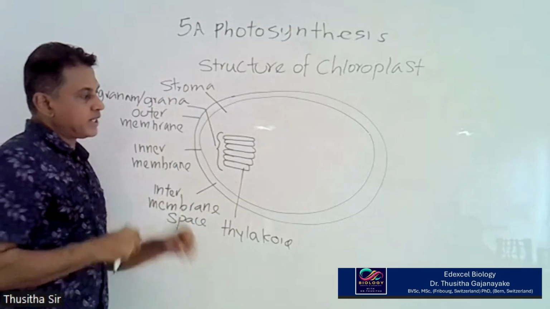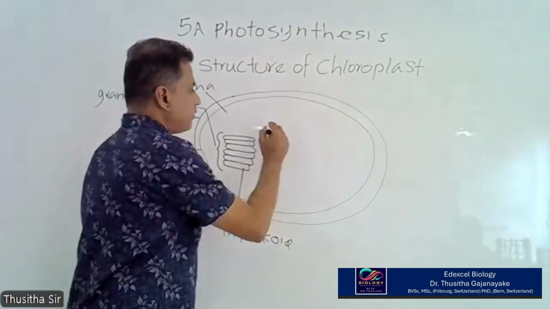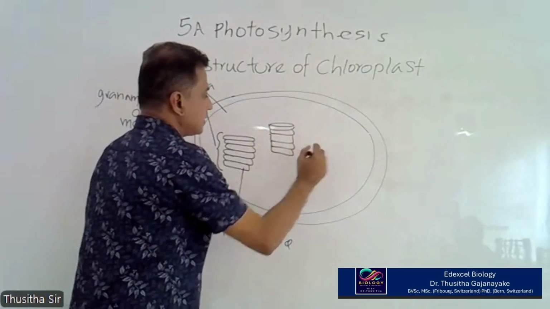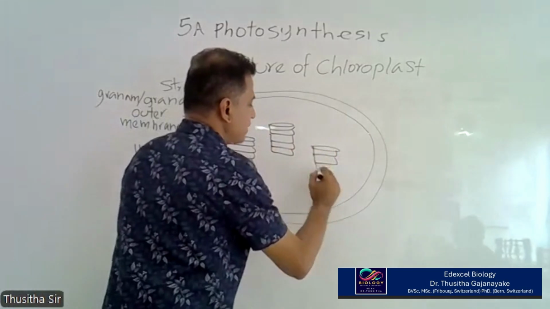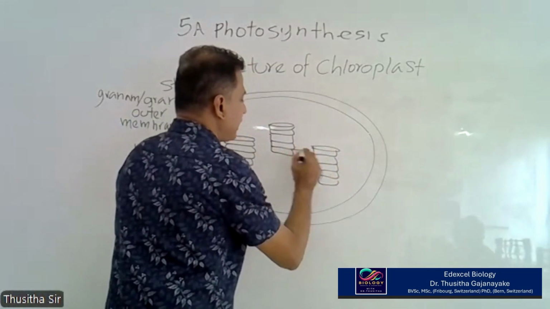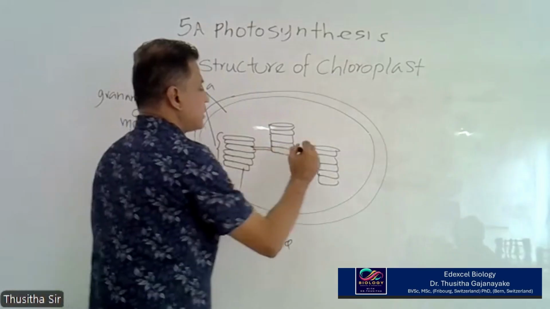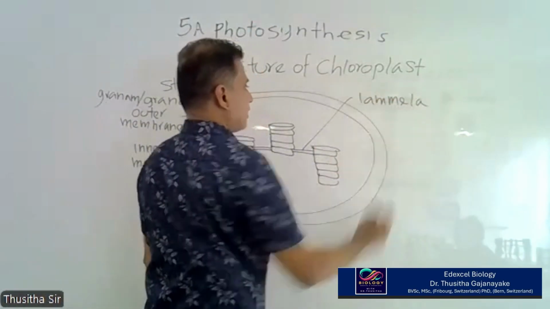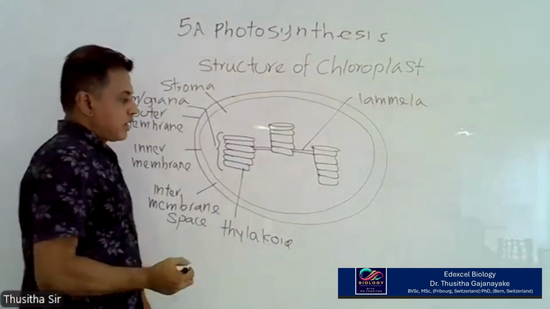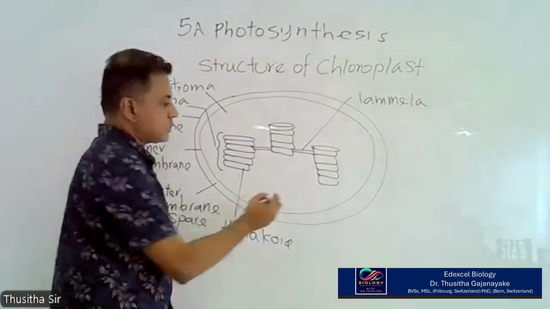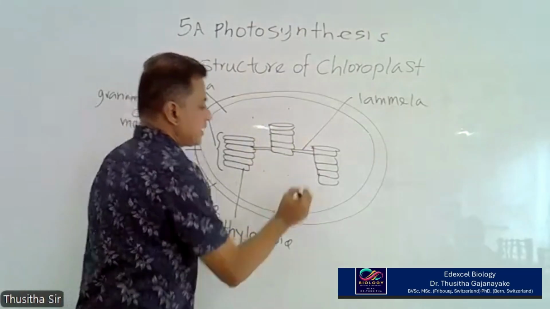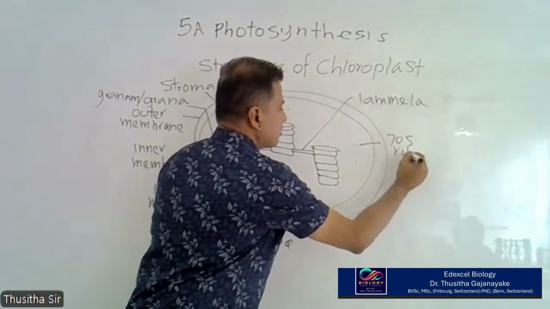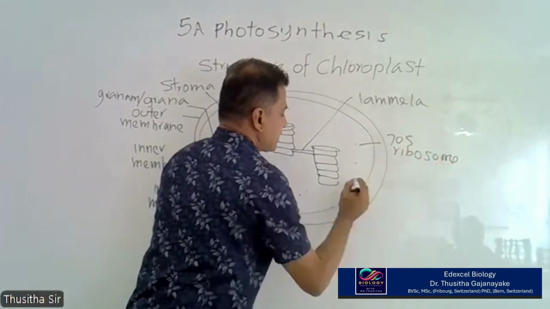And what else can we find? Elsewhere, we can see this kind of structure. Here, I just show only 3 columns like this, and they are interconnected. The interconnection is called lamellae. We can also find another few things: a 70S ribosome and circular DNA.